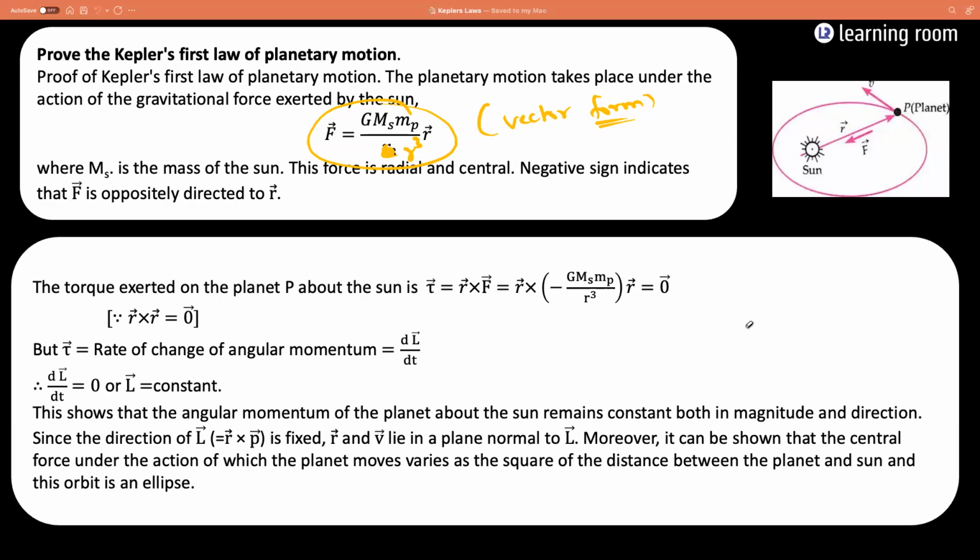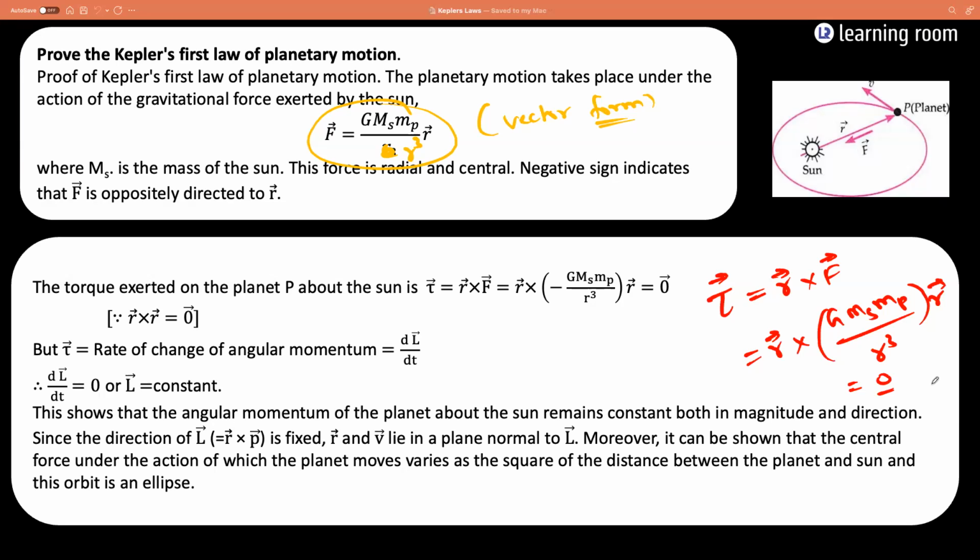The vector form of torque is r vector cross F vector. So it is r vector cross G Ms into Mp divided by r cube into r vector. The cross product of a vector with itself is always zero. So the answer will be zero.